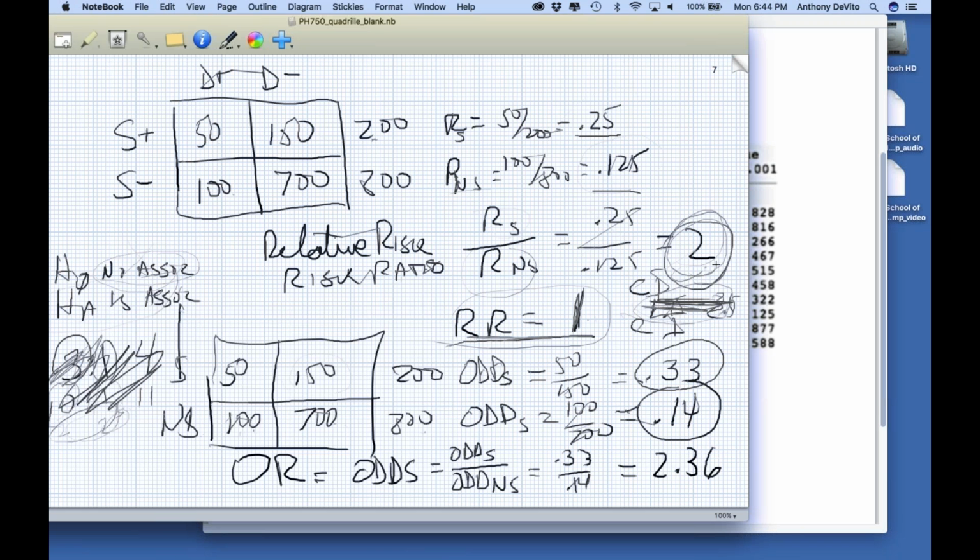So we got a different number than we do for relative risk. Relative risk comes out 2. Odds ratio comes out 2.36. If the relative risk indicates an elevated risk for people that are exposed, the odds ratio will indicate an elevated risk, but they may not be exactly the same number.